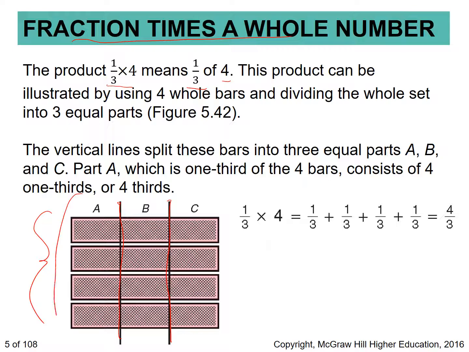And 1/3 would be that part right there. So what we can write is that 1/3 times 4 is this third plus this third plus this third plus this third, or 4/3, which we can see are 4 pieces, and now by having divided these lines, each of these pieces are thirds of the bar.